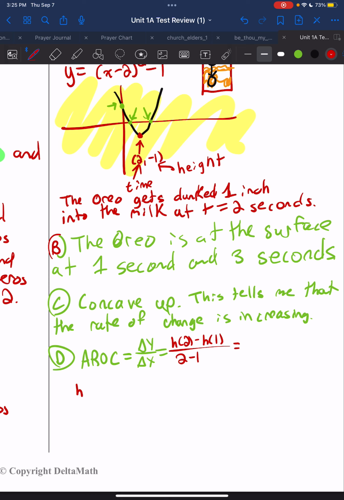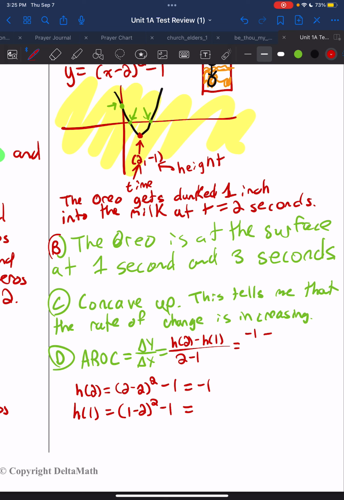So h of 2 is 2 minus 2 squared minus 1. So negative 1. Negative 1 minus h of 1 is going to be 1 minus 2 squared minus 1, which should be 1, I think. 1 minus 2 is negative 1, squared is 1, or is that 0?